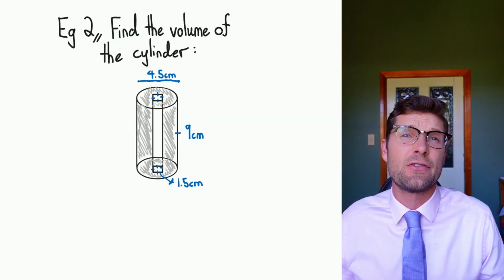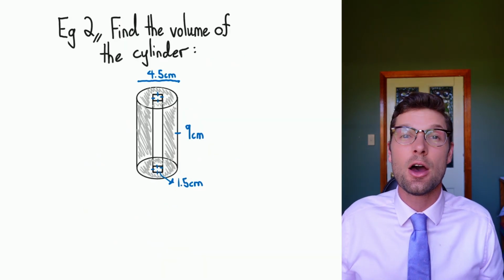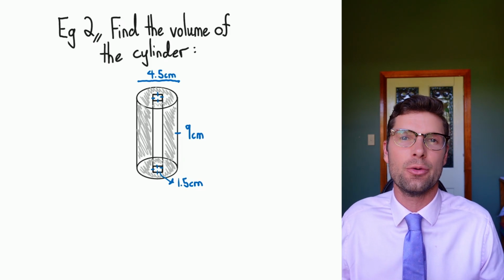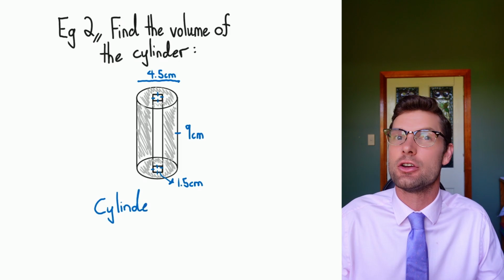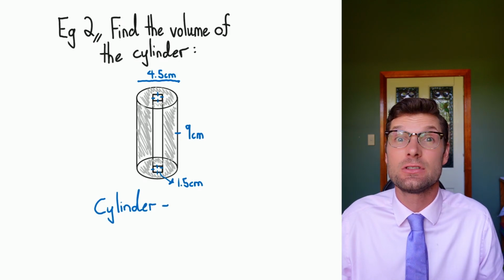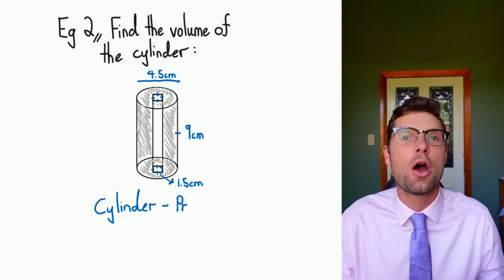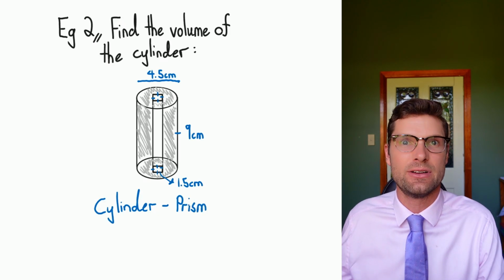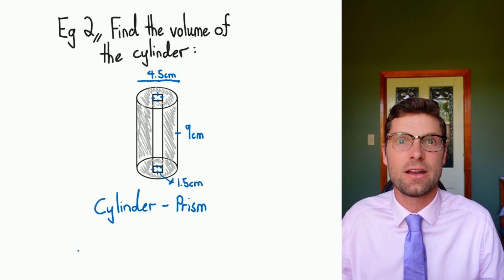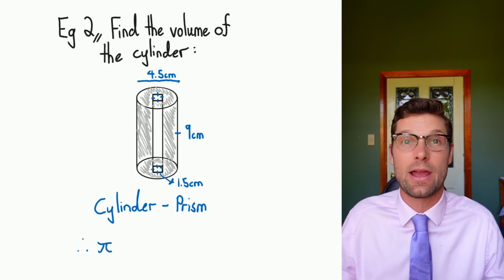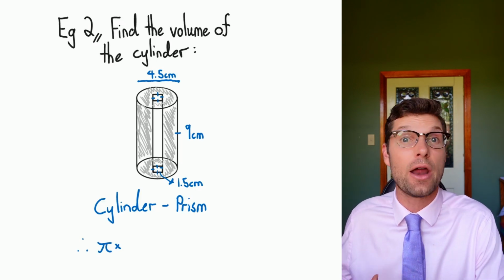Happy days. So for this one, we've got to find the volume of the cylinder as there is something put through the middle. So you could kind of think about this like a drink with a square straw that goes the whole way through. So to find out the answer, we need to do the cylinder minus the volume of that prism. So for this, it's really easy. If we find out the volume of the cylinder, which is pi times the radius squared times h, then we have to minus off that prism.